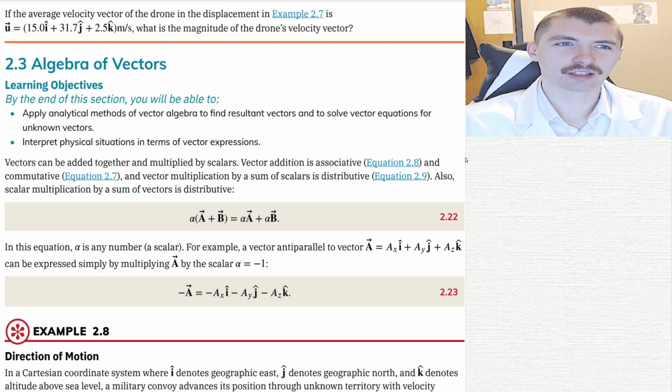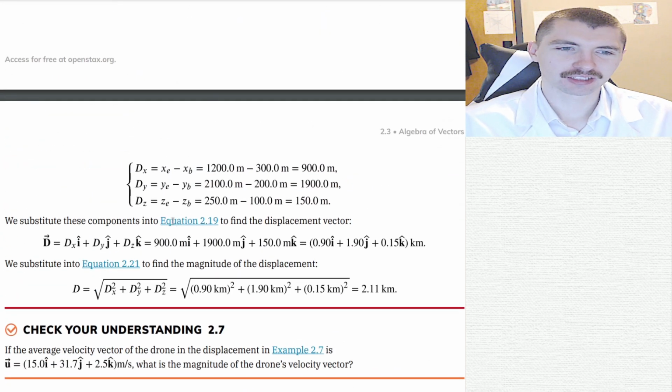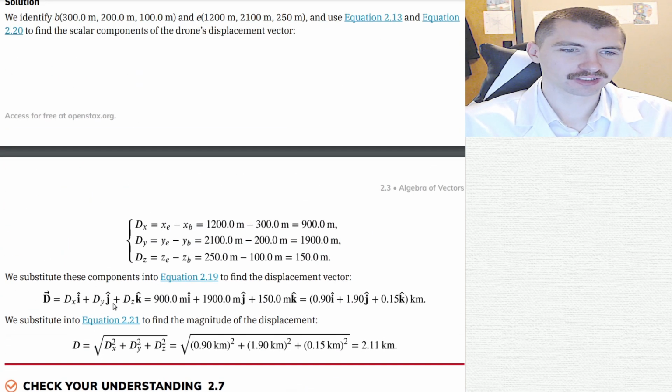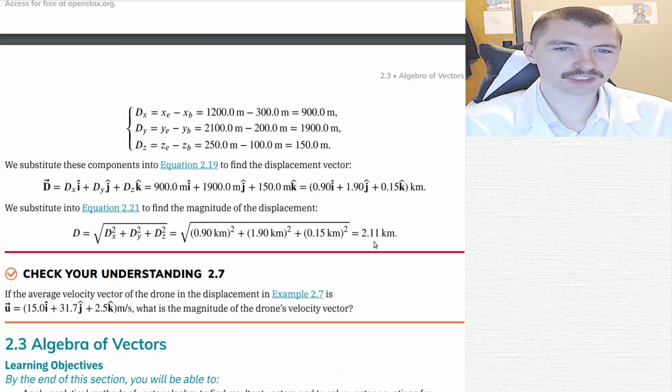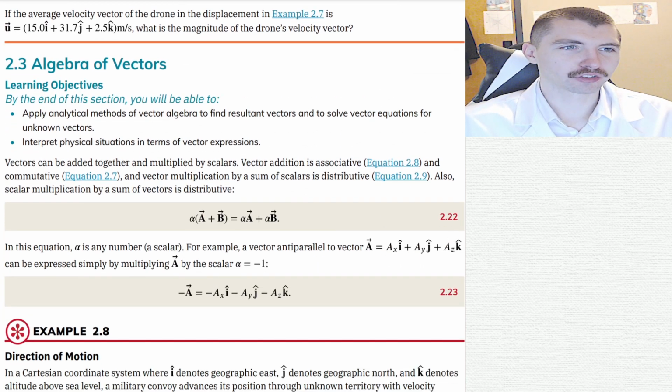So I'm trying to figure out what's the best sequence to do. So it seems they do the vector first, and then the displacement of this vector, they find that. So this is a vector with components. All right, so algebra vectors.